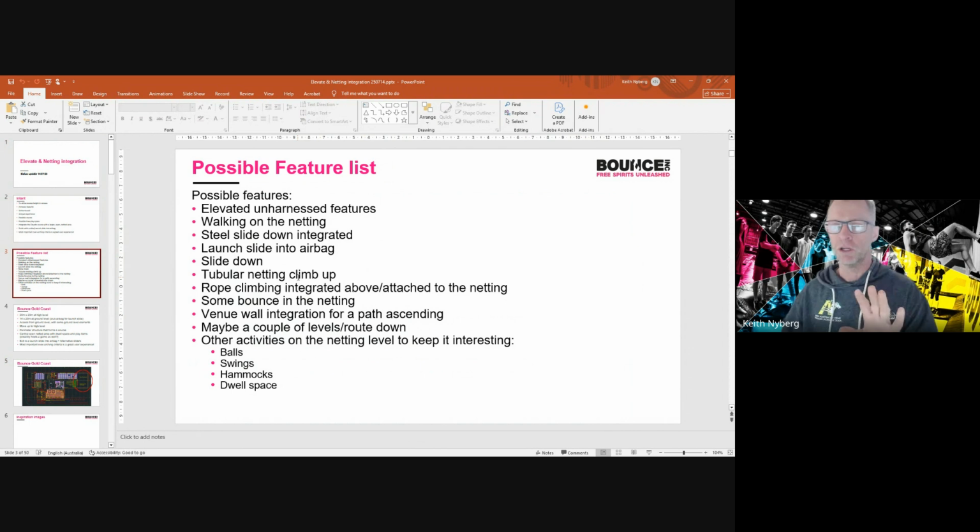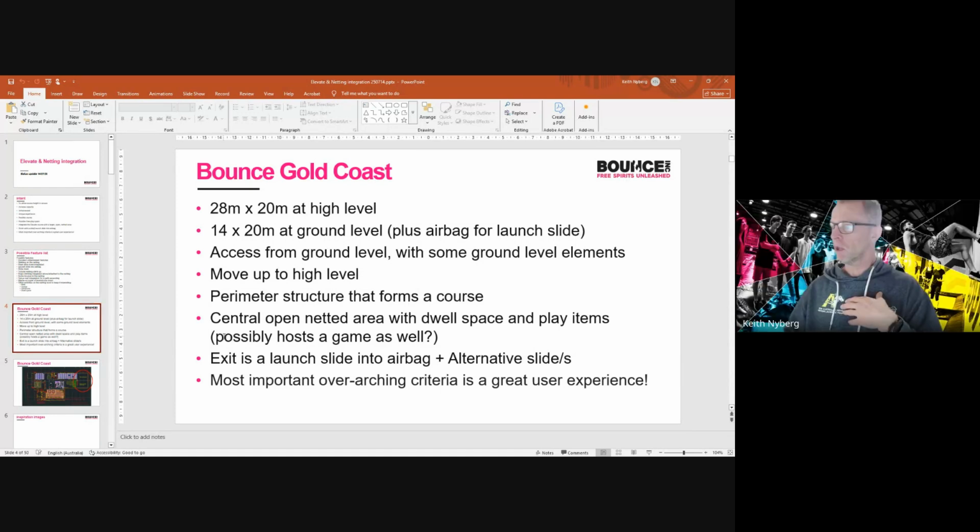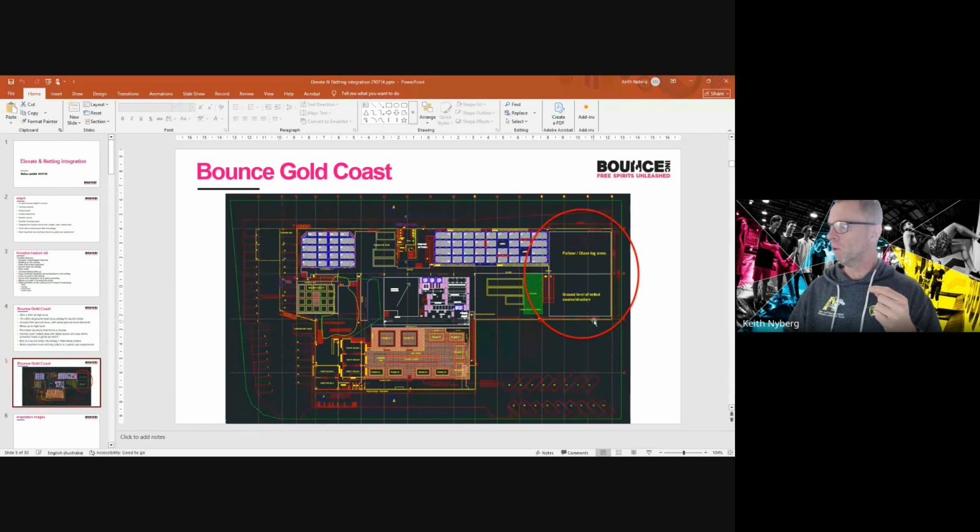Again, you have your own ideas about what we could do, but they're just some ideas we had about types of things we like the look of. And we wondered if it was possible to do maybe a perimeter pathway going around the outside, and then use the same structure to have a bigger netting space in the middle that was more of an open area with some stuff in it.